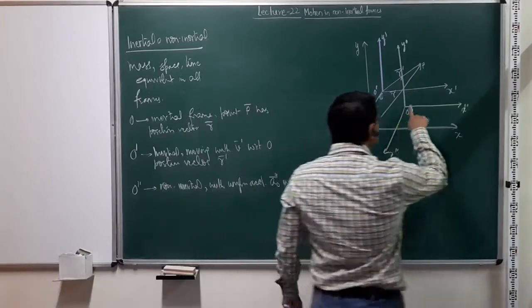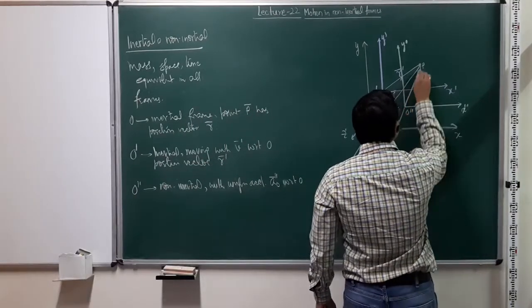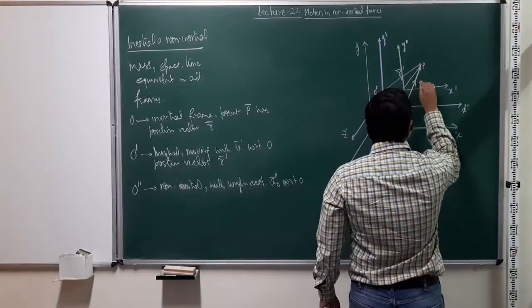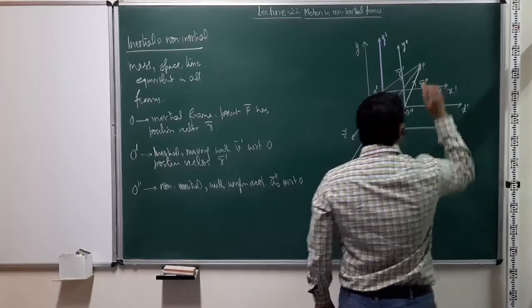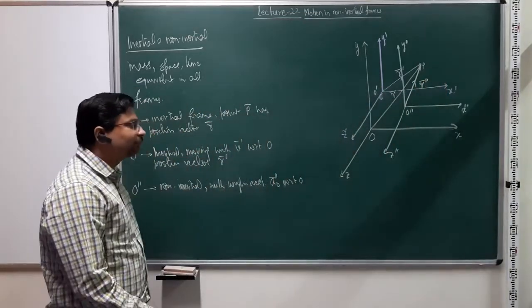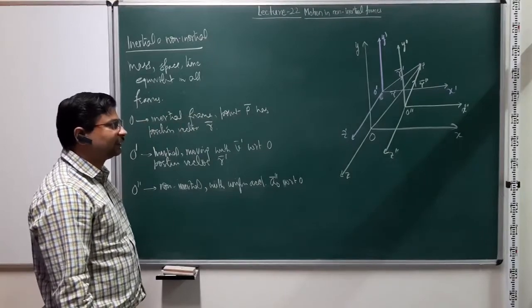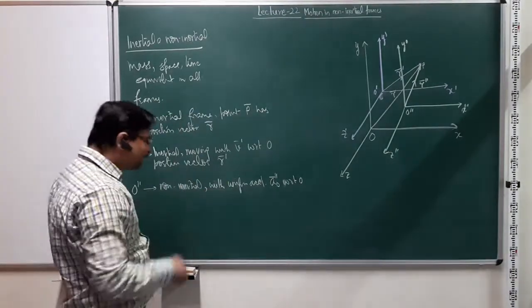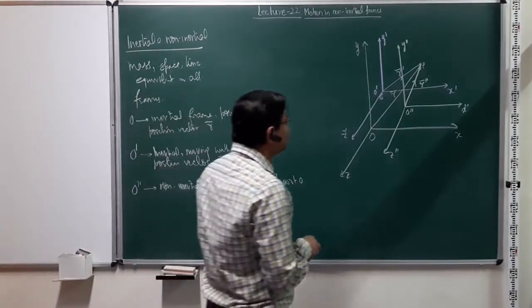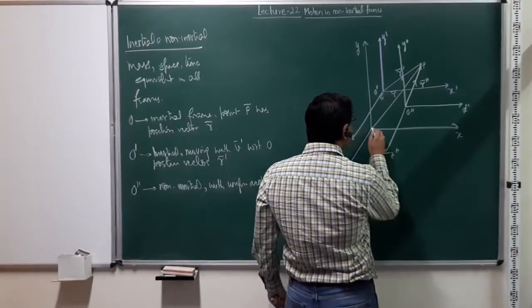Now in this reference frame, this is the position vector of that same physical system P, right? So we have this. We have some additional information about these two frames with respect to the frame O.